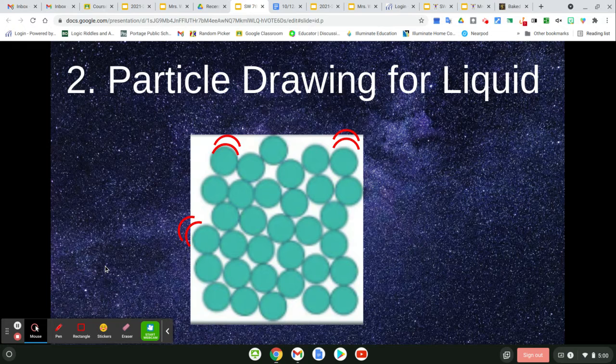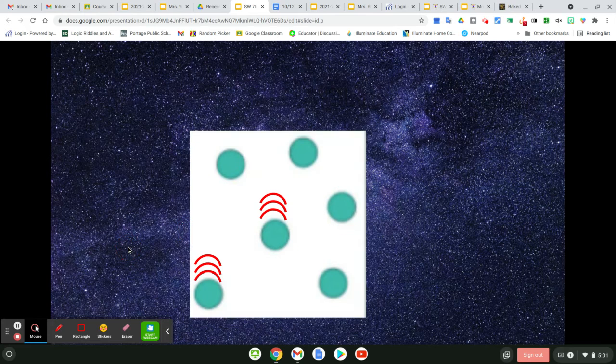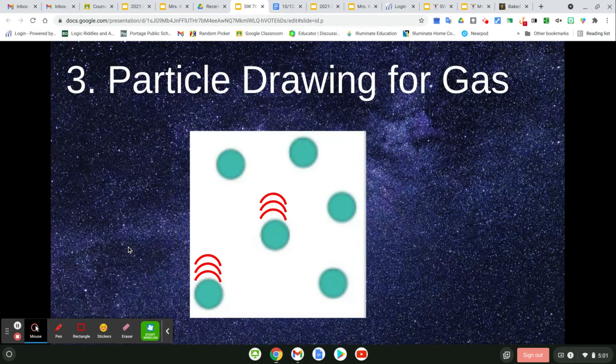Okay, so let's say this liquid was evaporating and becoming water vapor, which is a gas. So we would show these particles more spread apart, more spaced out, much more random. They've lost all of their bonding. They are not bonded to one another because they're not close enough to have that bond.